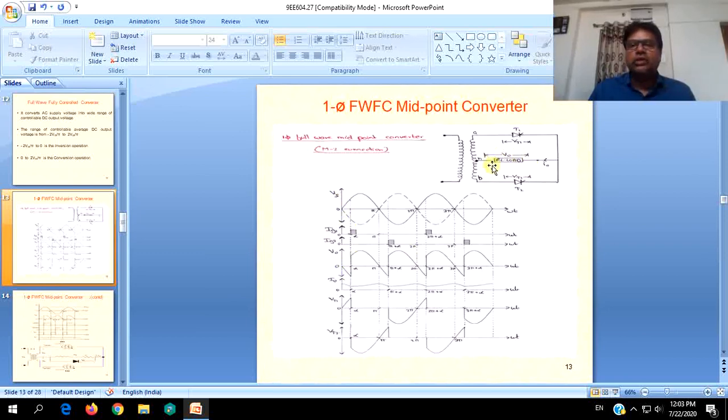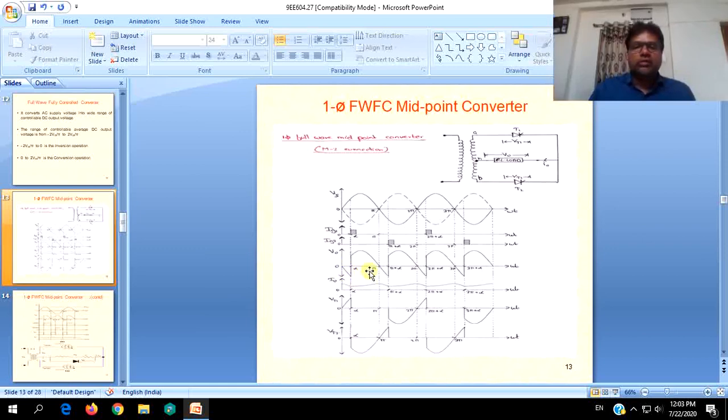When the load is only resistive, the SCR will be blocking totally. But as in this case the load is a combination of R and L, that is resistance and inductance, negative voltage will also be appearing across the load for some time between 0 to alpha.